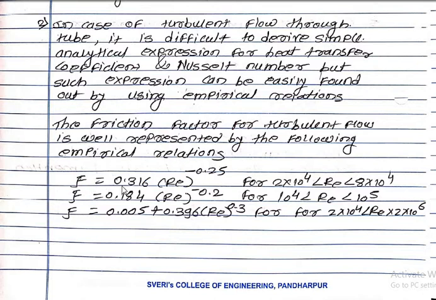Friction factor is equal to 0.316 multiplied by Reynolds number raised to minus 0.25, if the Reynolds number is between 2 into 10 raised to 4 and 8 into 10 raised to 4, then we can use this correlation.